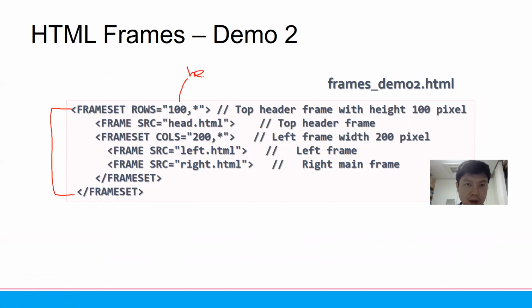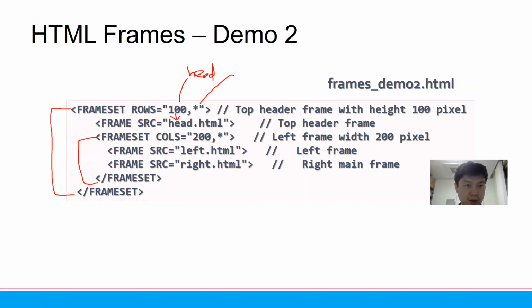It's very difficult to type this one. So this will be the head, and this will be the next. You can see there are two, the first and the second. The first is head.html, with a size of 100 pixels for the header, and the remaining will be star. What is the remaining?